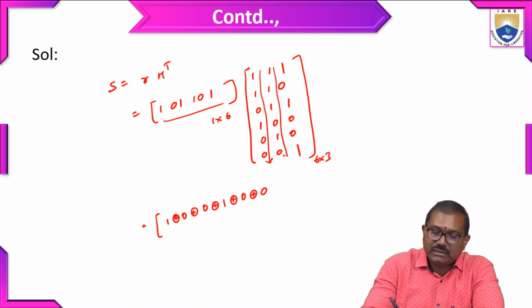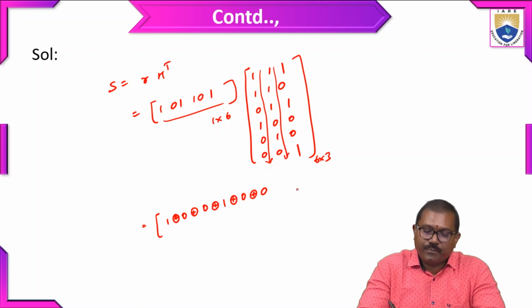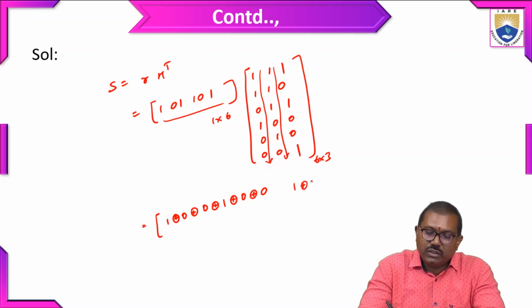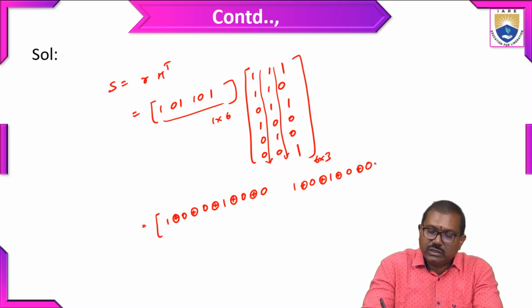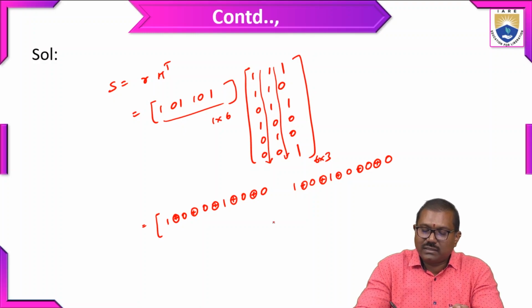Again the second column: multiply 1 into 1 is 1, XOR 0 into 1 is 0, XOR 1 into 1 is 1, XOR 1 into 0 is 0, XOR fifth one 0 into 1 is 0, XOR 1 into 0 is 0.